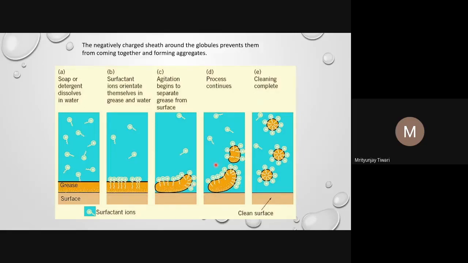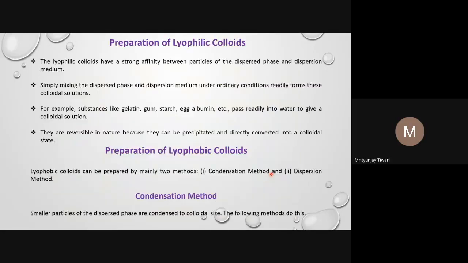This way, finally, micelle formation happens, and as soon as you wash out this solution, the grease gets removed from the surface. Agitation begins to separate grease from the surface as the surfactant ions orient themselves in grease and water, and the process continues. The cleansing is complete. Now you can see the clean surface. This is being removed from the surface.